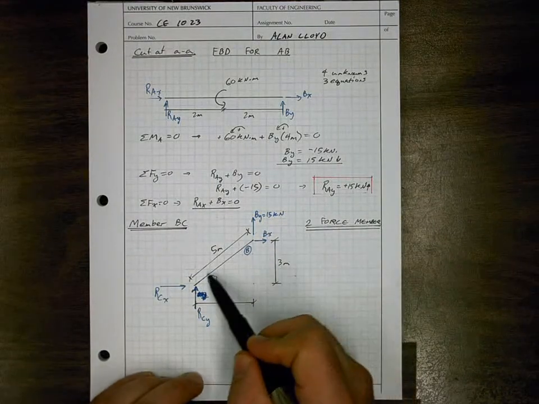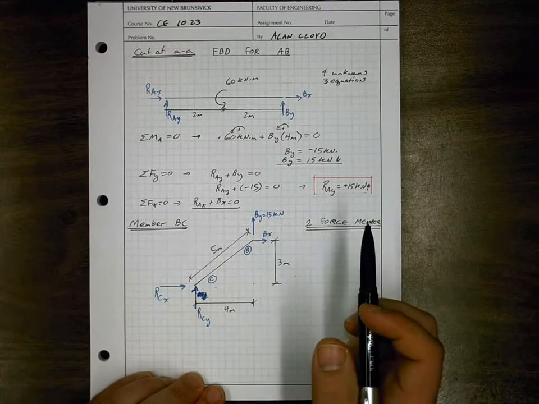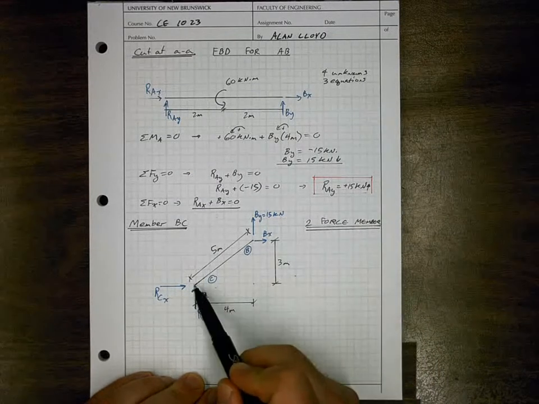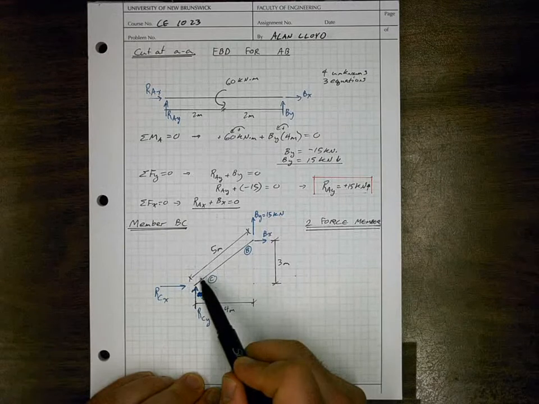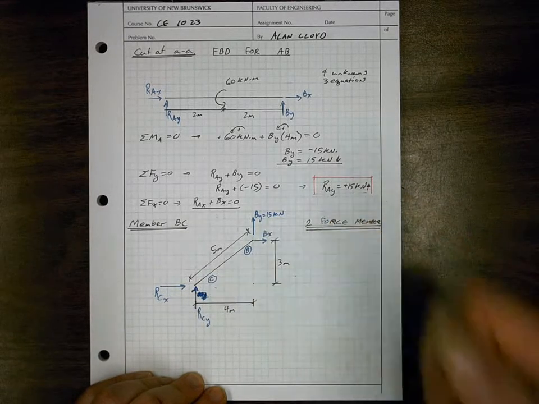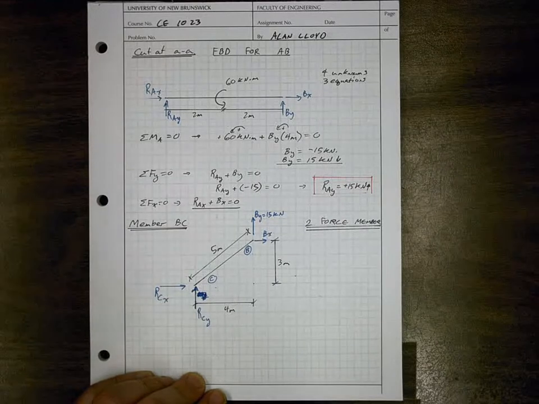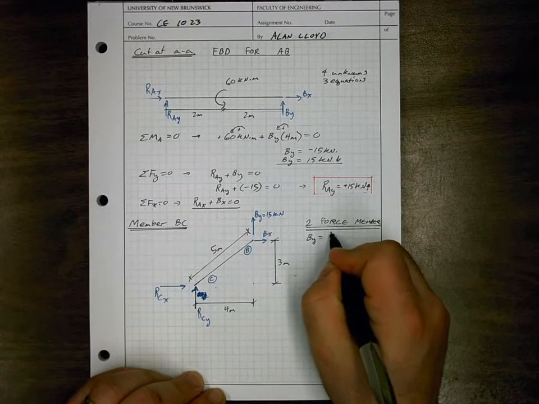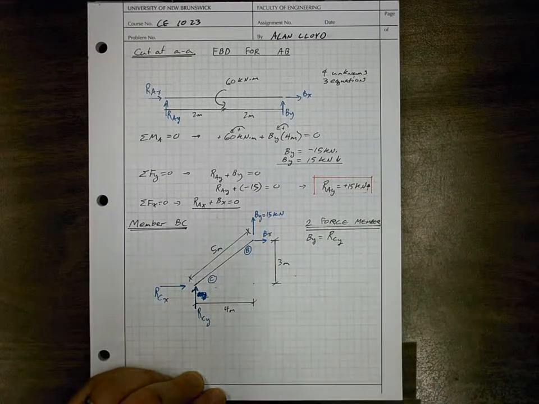There is nothing happening in between joints B and C. So the force in X at joint B has to be the same force in X at joint C and anywhere else along there. And the force in Y at joint B has to be the same force in Y at joint C anywhere. This means that By is equal to RCy.